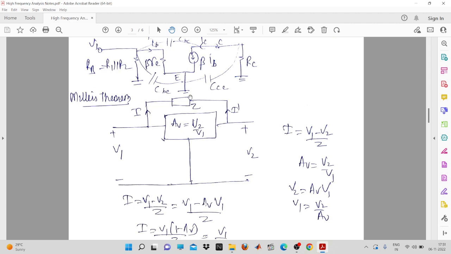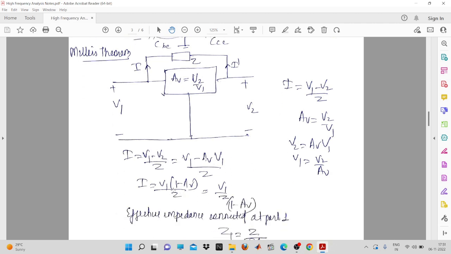Let us say there is a current flowing from this point to this point, and that current has a value of I. Similarly, you have a current I dash. How can you write I? This point will be at the high potential, and this one will be at the low potential. So I will be equal to V1 minus V2 upon Z. Now you replace this V2 by AV into V1. So you can see V1 into 1 minus AV upon Z.